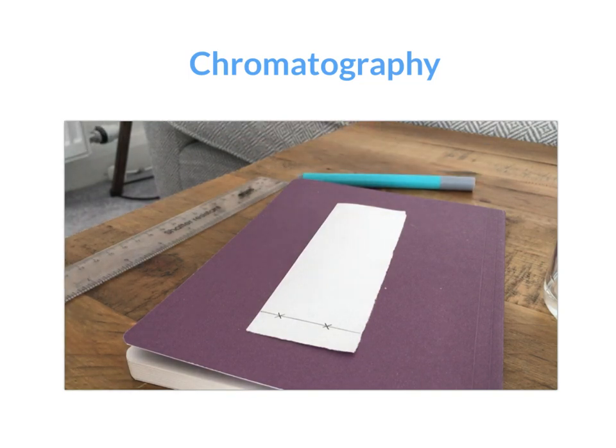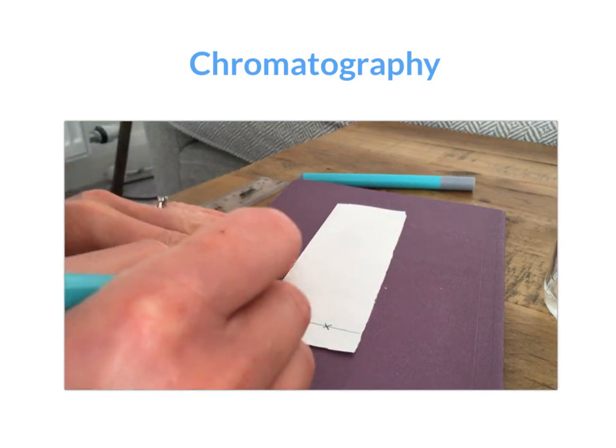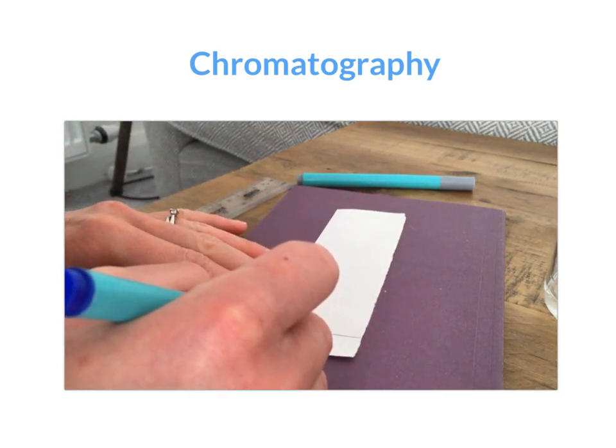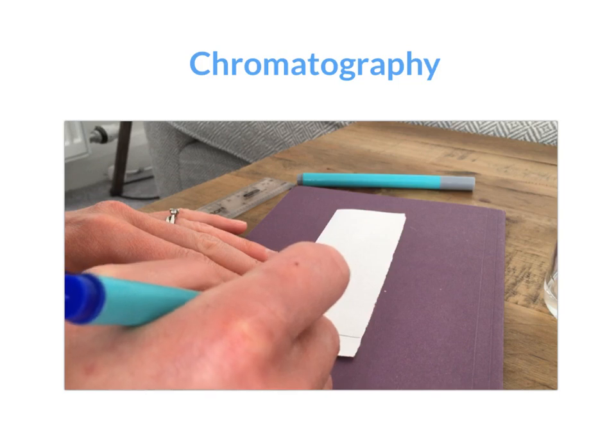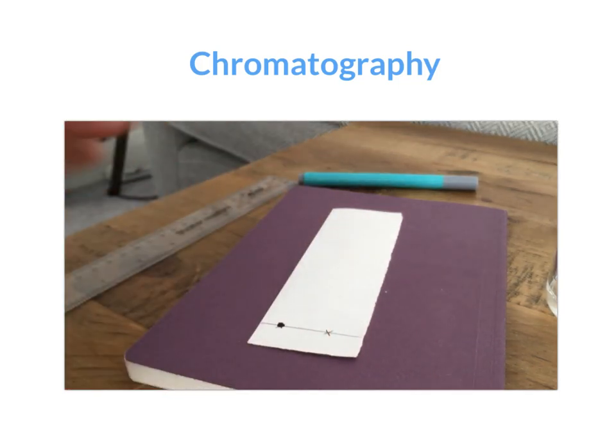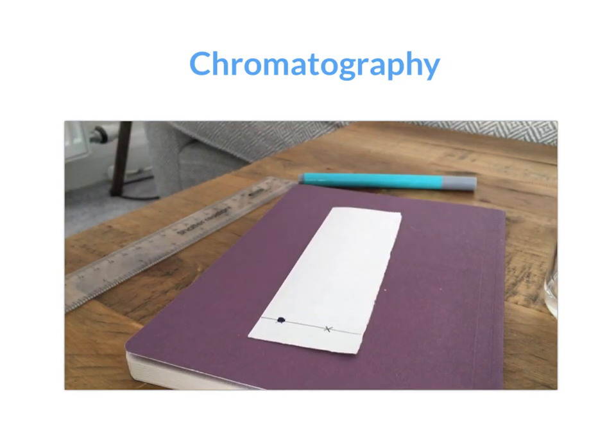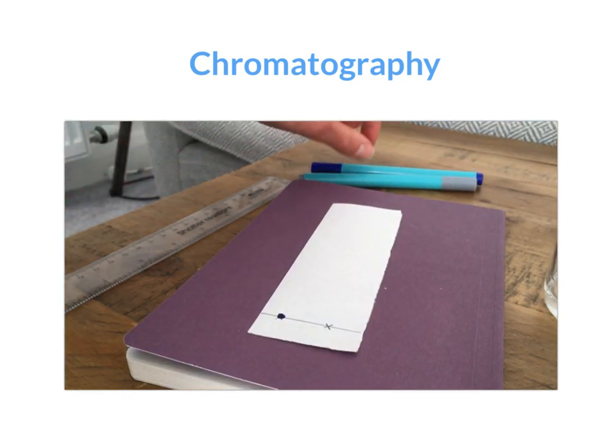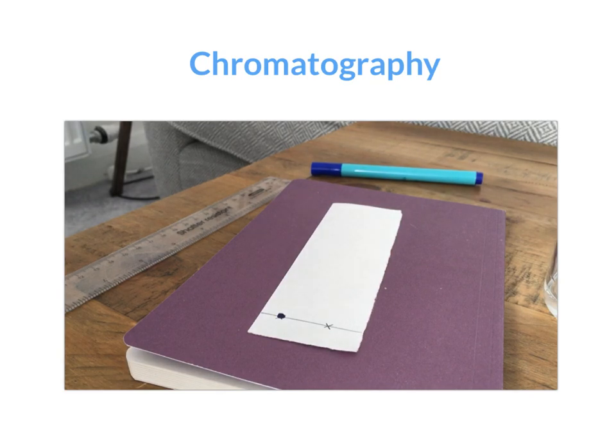Okay, then what I want to do is get my first marker, and I'm going to just put a small spot in the centre of that X. Just doing a couple of spots just to make sure the ink has transferred, and I'm going to put that at the centre of the X. So I'm going to do blue, and I'm also going to do grey.